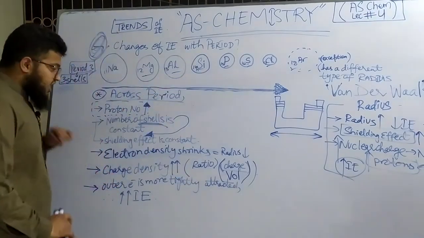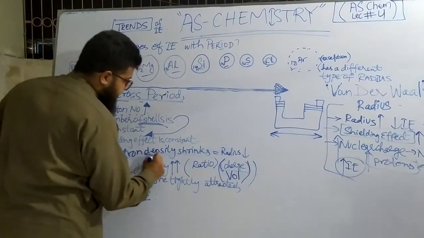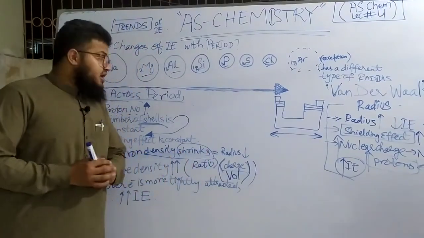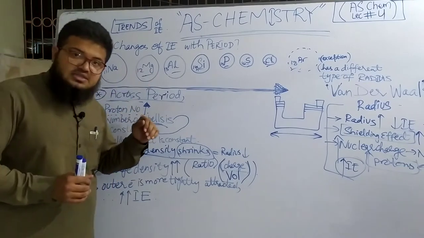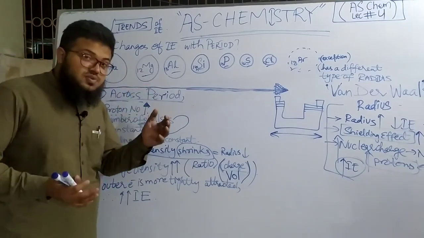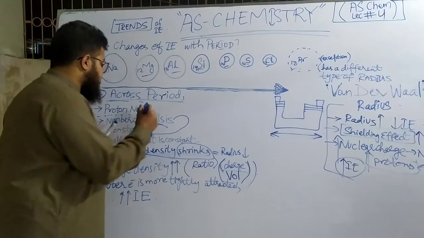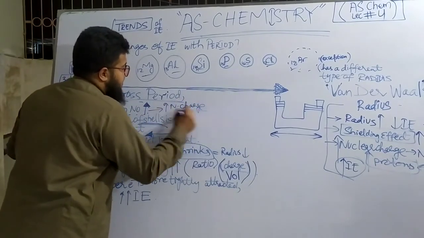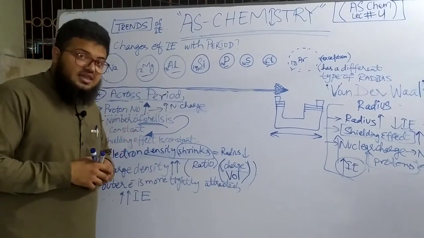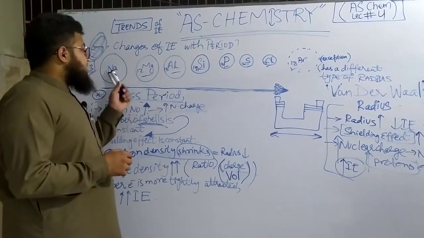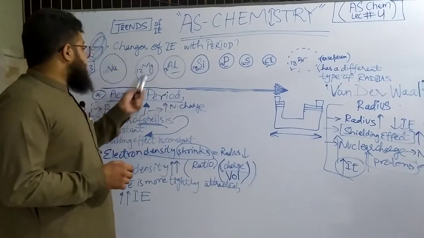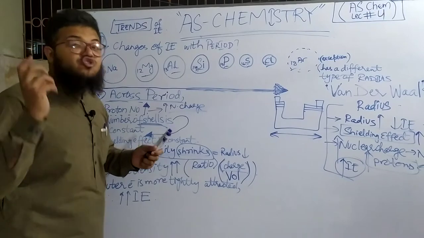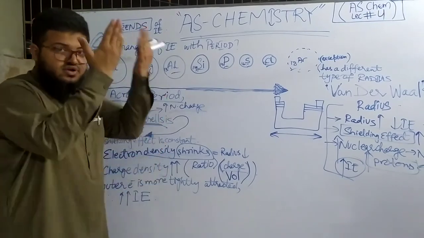Then the third one says the electron density shrinks. Of course it has to shrink, because if you are increasing the nuclear charge, basically by increasing the proton number, and the shielding effect is not doing anything, then the entire electron density around the nucleus has to shrink, because the effective nuclear attraction on each of those electrons increases.